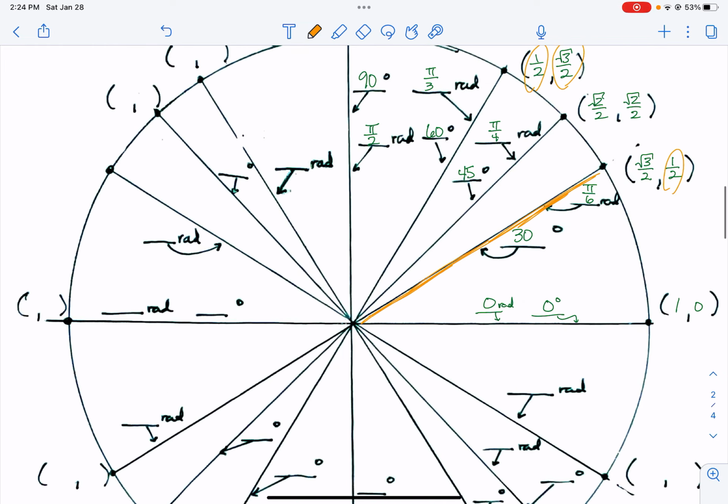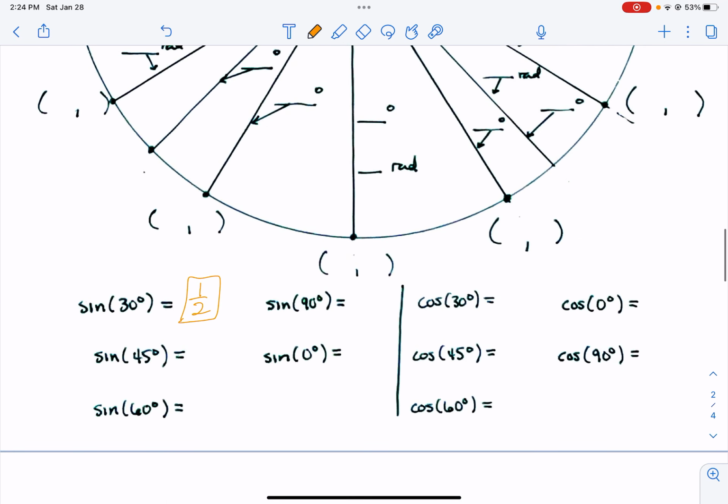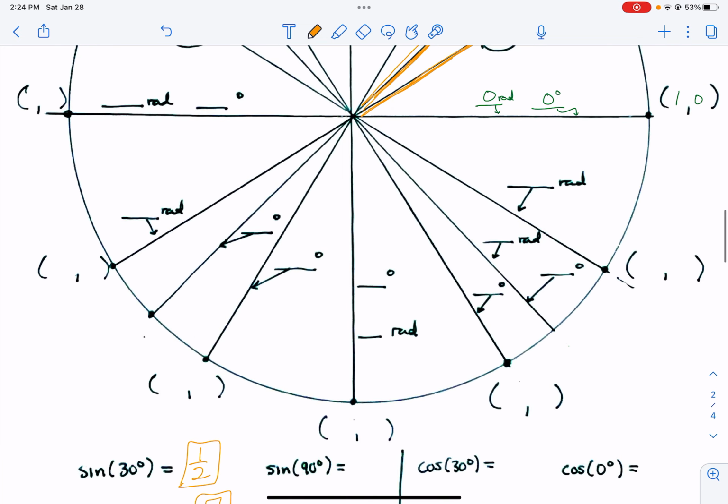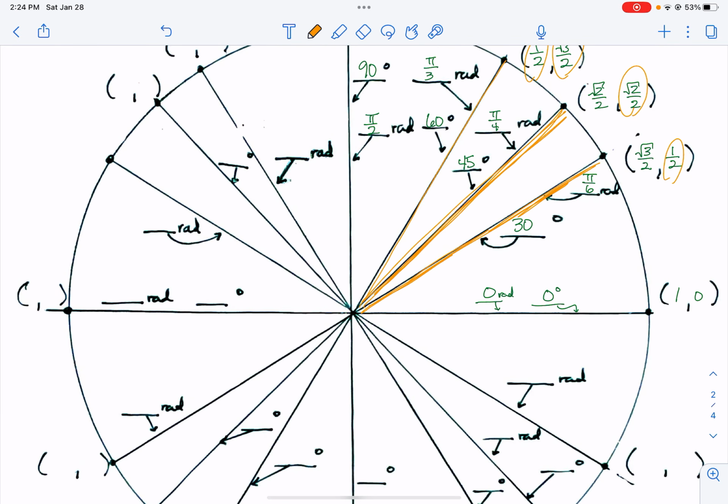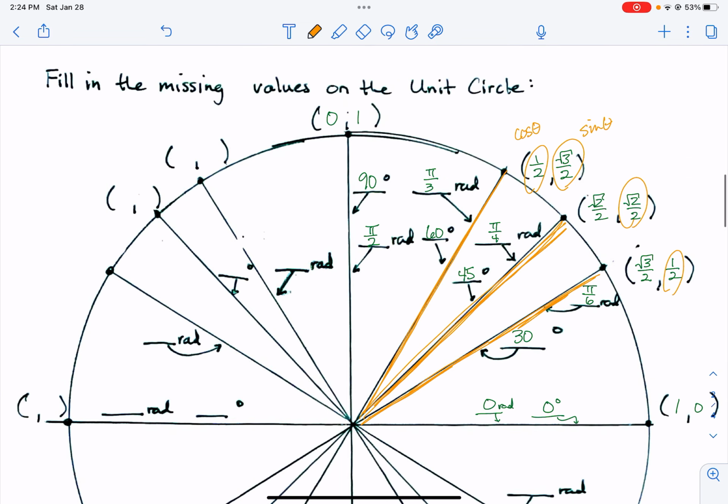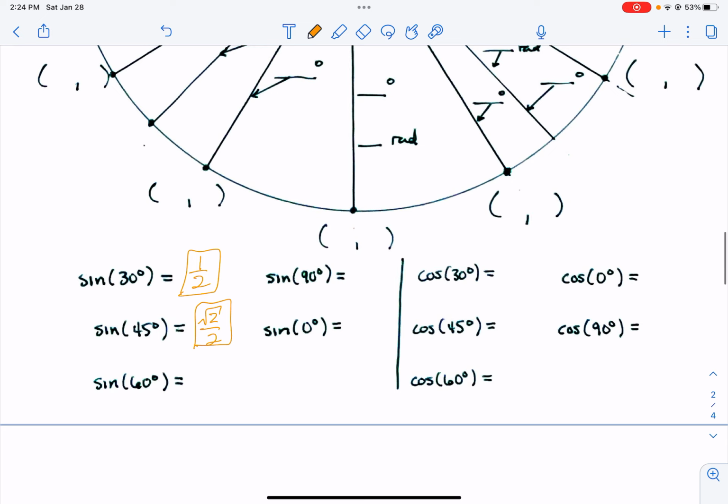Sine of 45 degrees, that's going to be this one, and the sine is going to be radical 2 over 2. So the answer is radical 2 over 2. Sine of 60, same thing. Go to the 60 degree angle line. Sine is going to be this one, so it's radical 3 over 2.